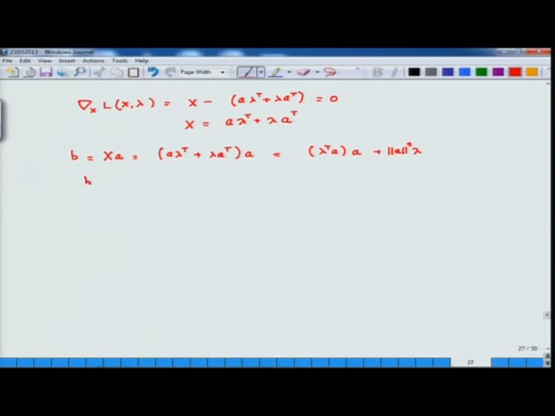Now, B transpose A, which is B inner product A, can be written like this. I want you to check the calculation that I am doing.